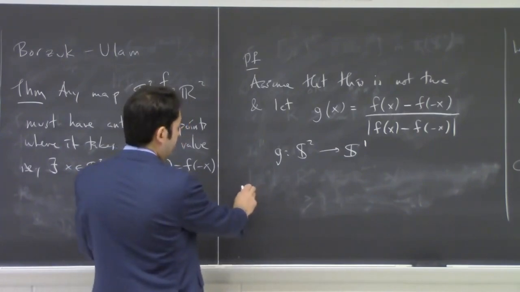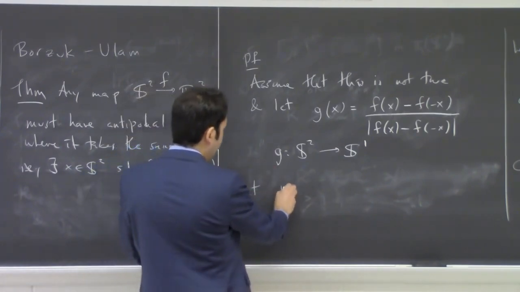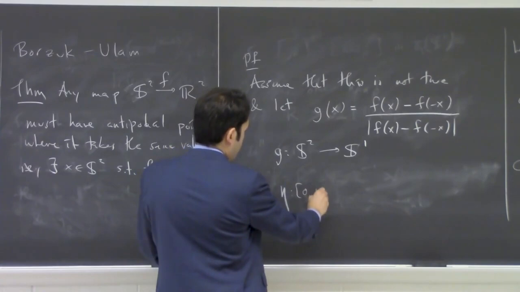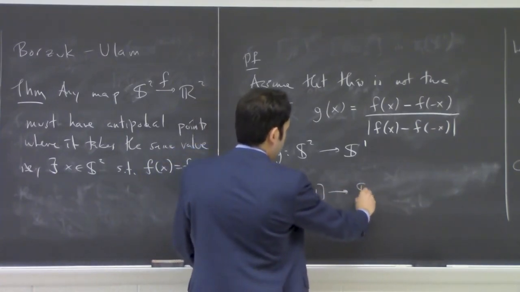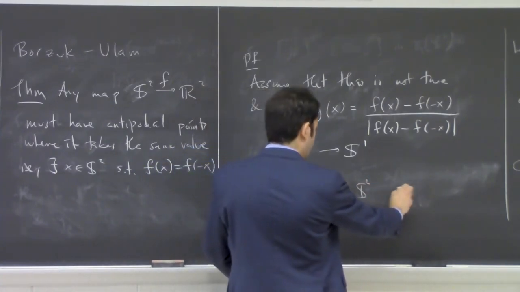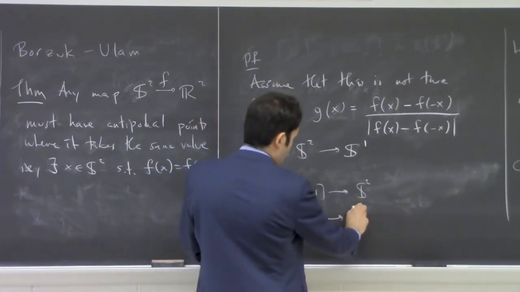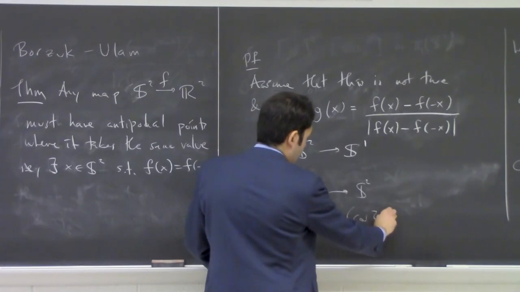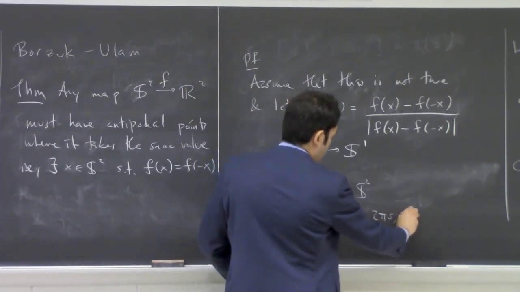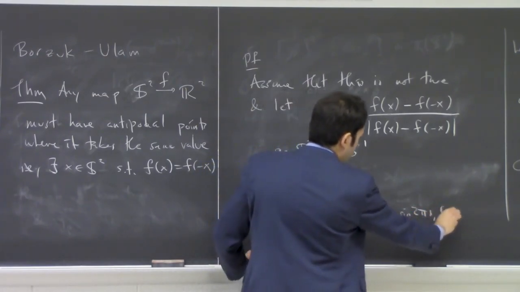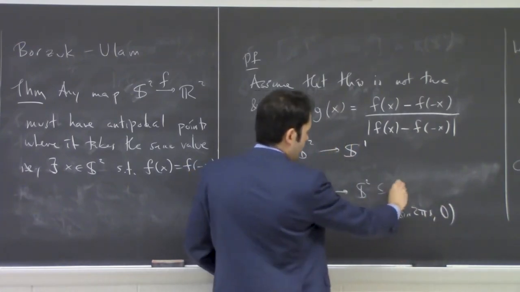So let eta be just a parametrization of the equator. So just take s to cosine 2 pi s, sine 2 pi s, 0, where we view this as sitting inside R3.